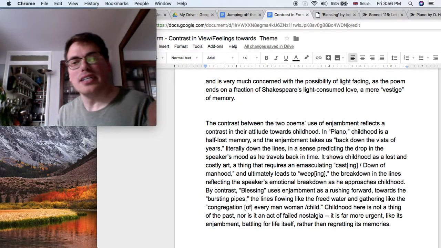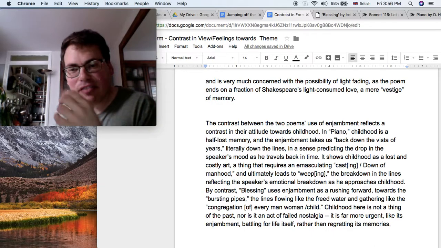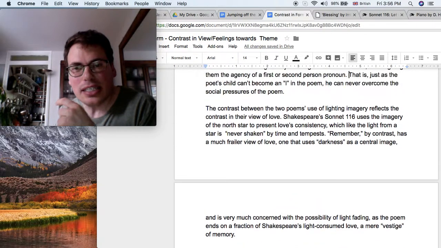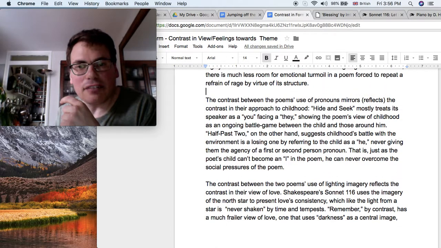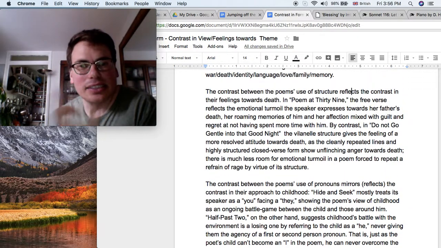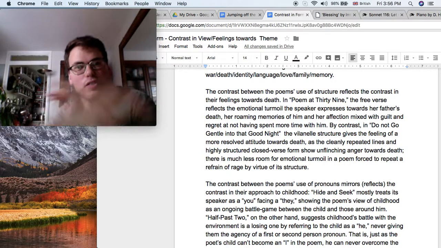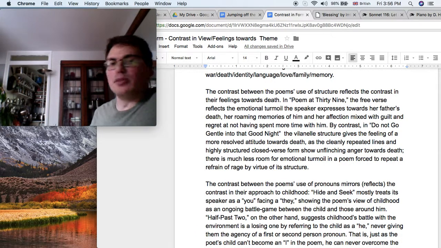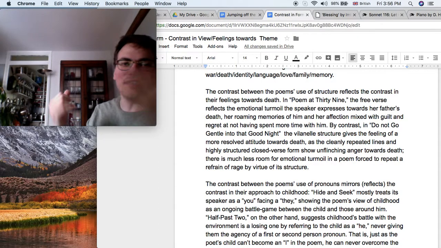Alright, so 4 different devices. Is it 4? I believe so. Enjambment, imagery. What did we have here? Pronouns. Structure. Overall, free versus closed verse. And the same move shows us a difference in attitude.